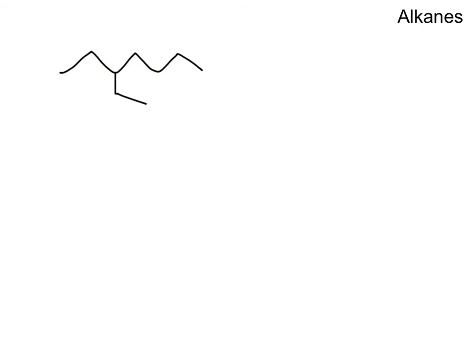To name this one, I count carbon 1, 2, 3, 4, 5, 6, 7. And then the branch is 2 carbons long. The main chain is a heptane, and then on the third carbon of the main chain, I have a 2 carbon long chain.